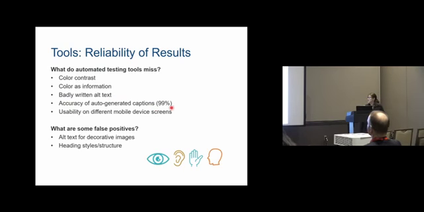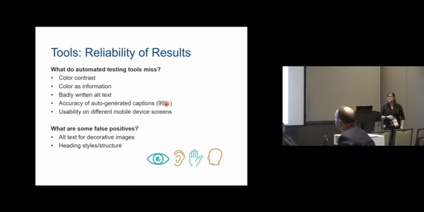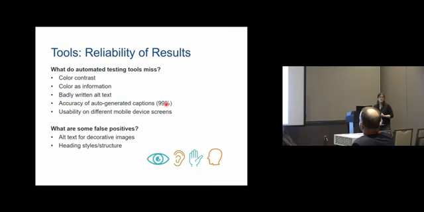Accuracy of auto-generated captions. I think testing tools are going to start to look at, hey, it's not captioned, but it would be really nice if they could start testing and giving results on the accuracy of those captions. That would be nice. And then the usability on different mobile device screens. That's a really new thing.